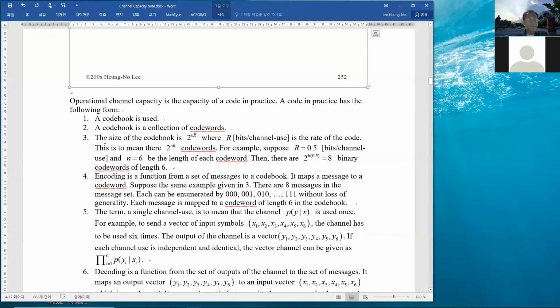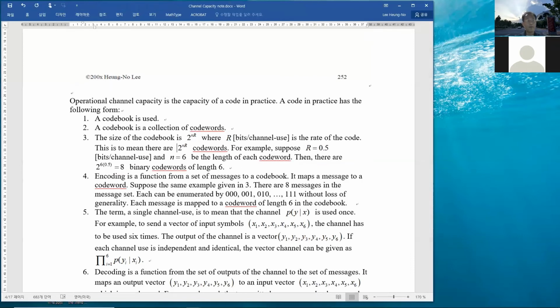So the size of the code book is 2 to the power of NR, where R is the rate of the code, and this means there are 2 to the power of NR code words.